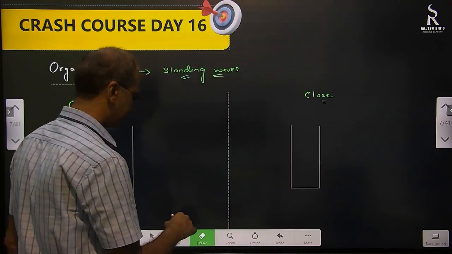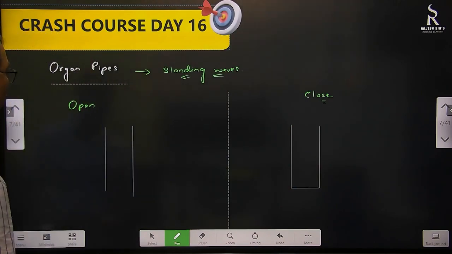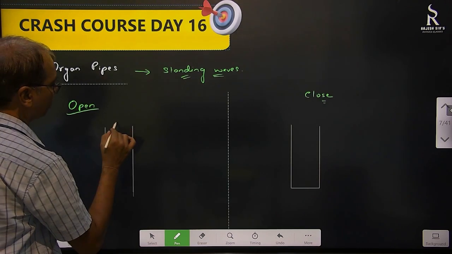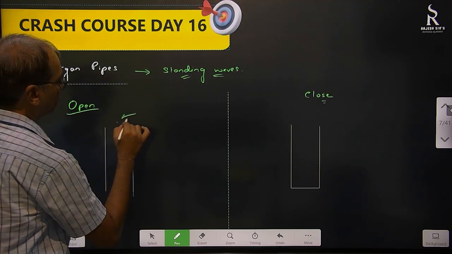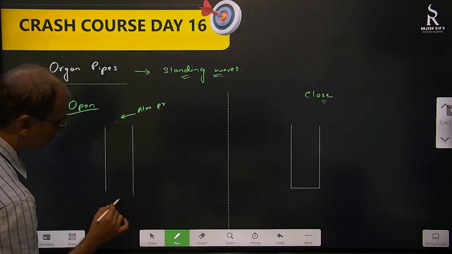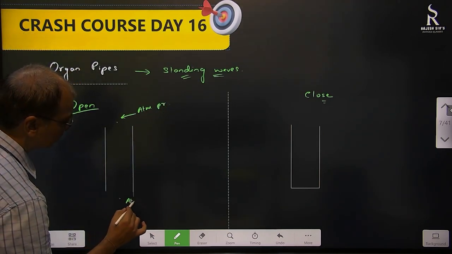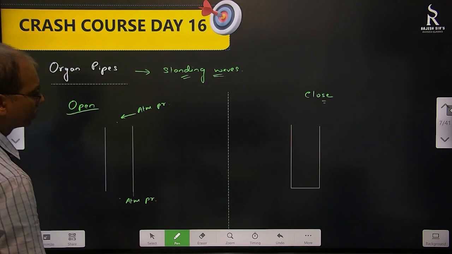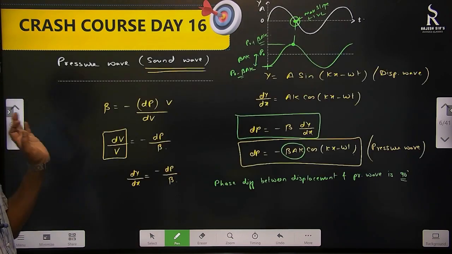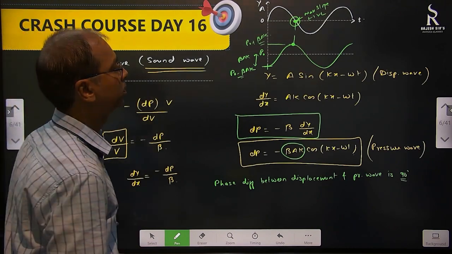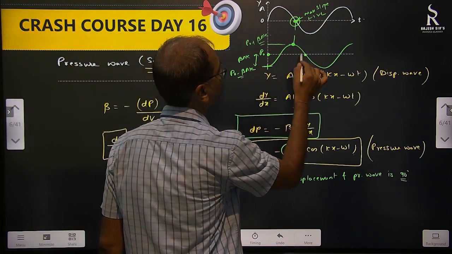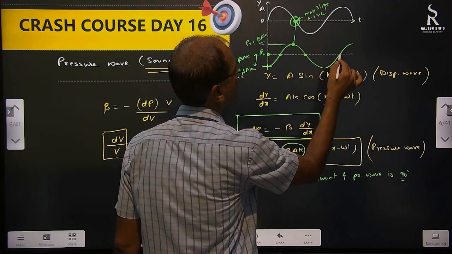Right. So now what we know in this open organ pipe is that there is atmospheric pressure here, and here also atmospheric pressure. So when it's atmospheric pressure, what is going to happen over there?